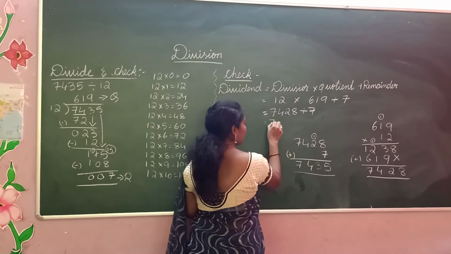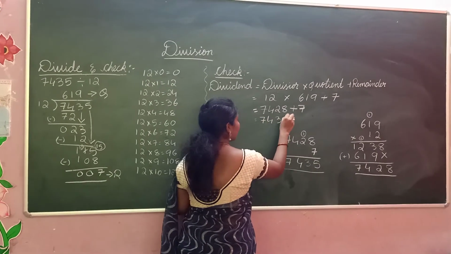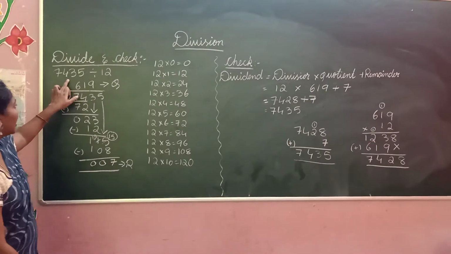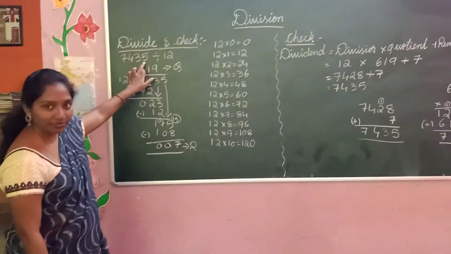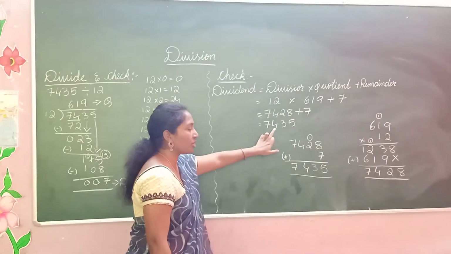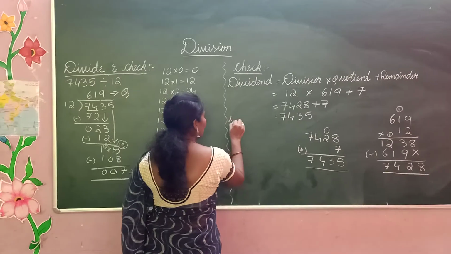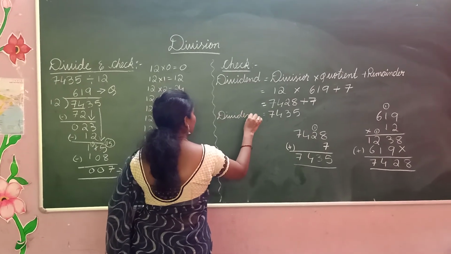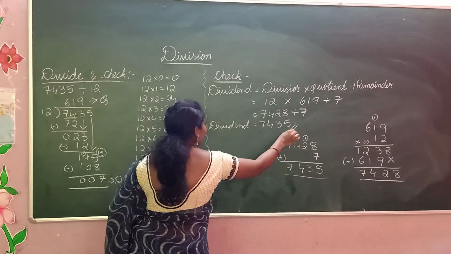What is the answer? 7435. See here, what is the dividend? 7435. Here also you got 7435. So we got the correct answer. Our division is correct.